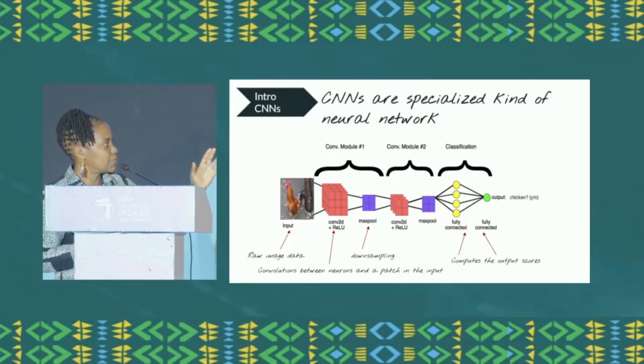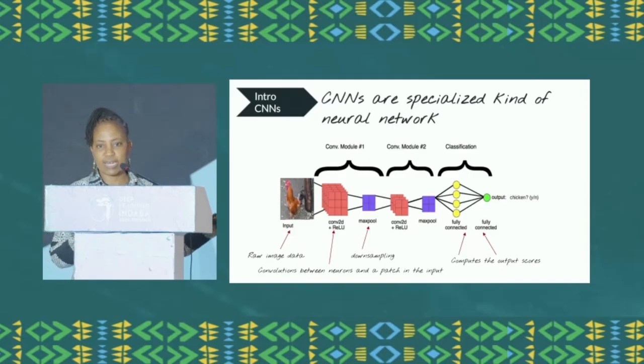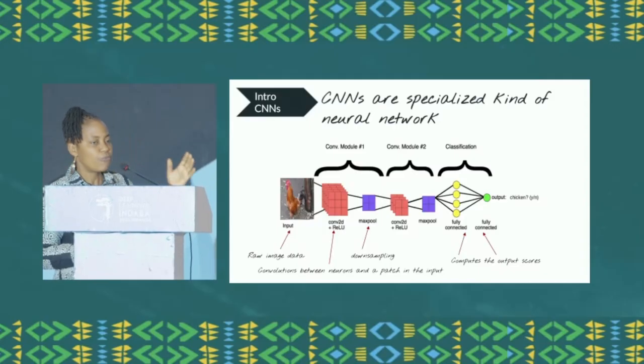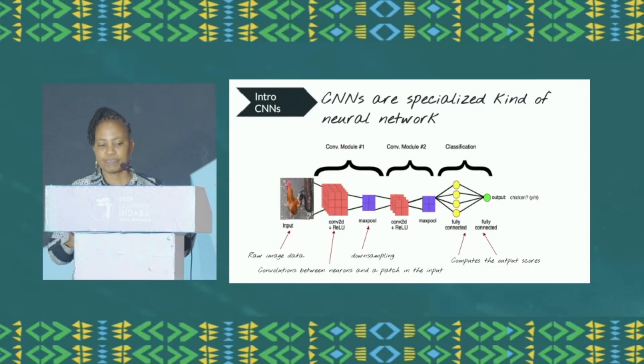It is followed by an activation function, a non-linear filter, the rectified linear unit layer, that introduces non-linearity to the system, followed by a pooling layer that reduces the spatial dimensions of the output of the convolutional process.